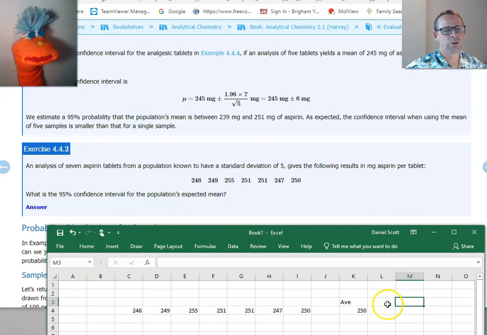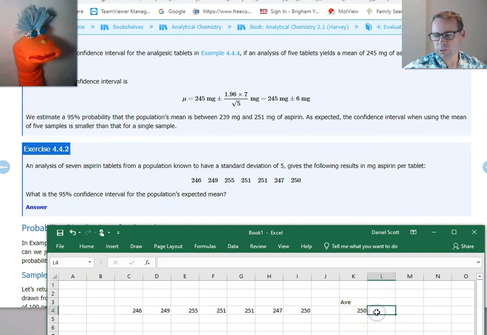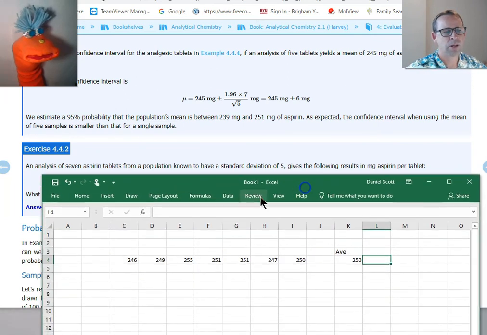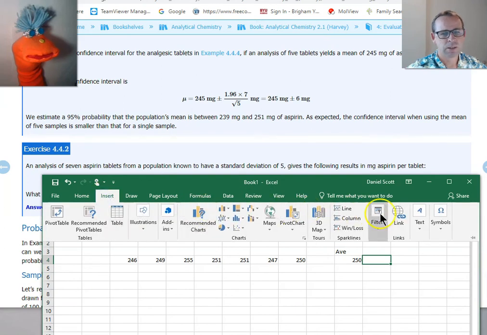Now after you get your average, it's the average plus or minus. Let's see how I get the plus or minus sign.